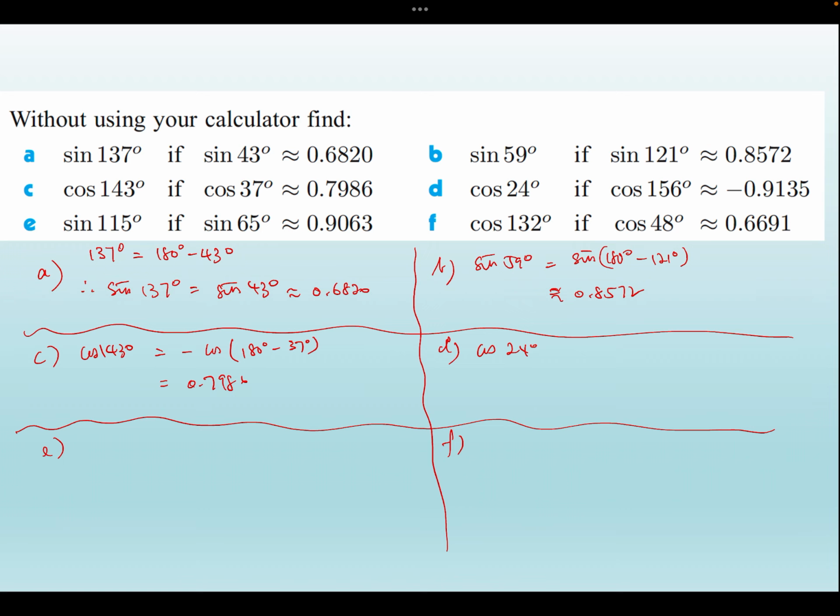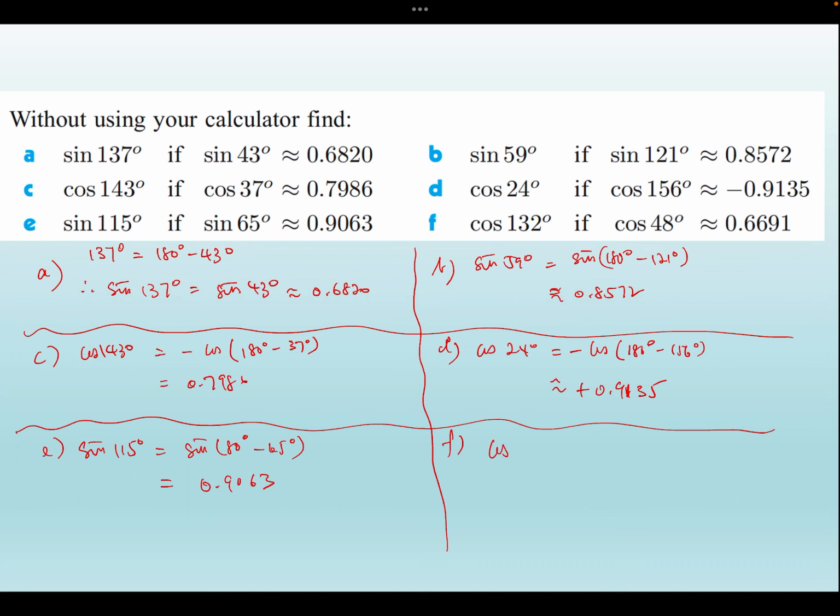Similarly, cos 24 degrees should be the same as minus cos 180 degrees minus 156 degrees, which is approximately minus 0.9135. Sorry, it's plus 0.9135 because it's minus times minus. And sine 115 degrees is the same as sine 180 degrees minus 65 degrees. So therefore, it's 0.9063.